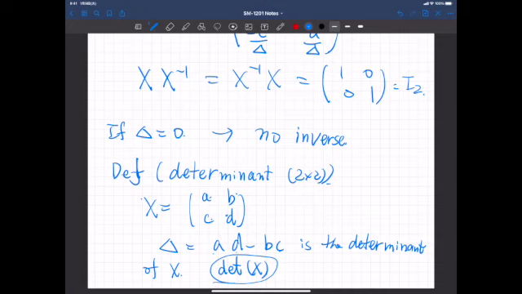That's the determinant of 2 by 2 matrices.